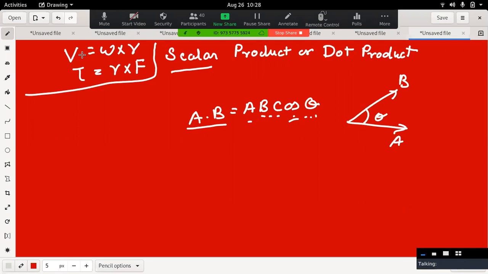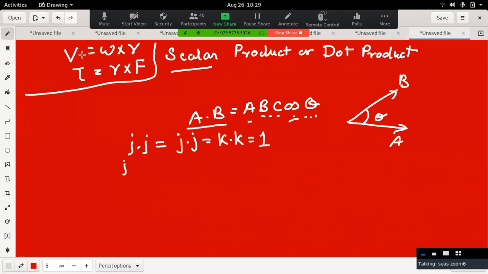And we can also write it like this: if it is a dot product, then I dot I, and I and I are both the same vectors, so same vectors are either parallel or collinear. So in that case theta becomes 0, and I dot I is also J dot J is also K dot K, and it will become 1 because all these are unit vectors.